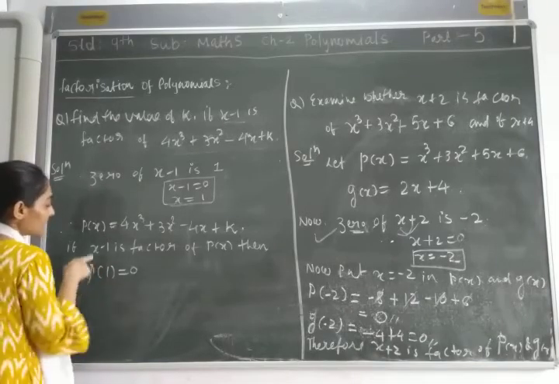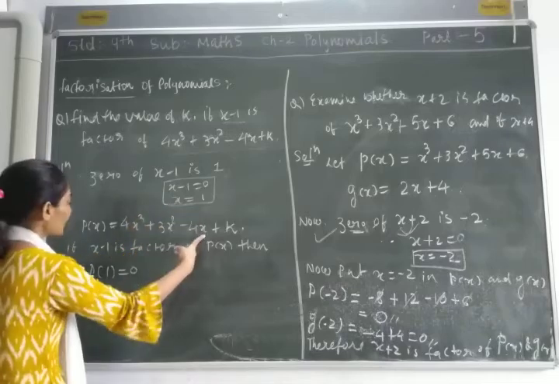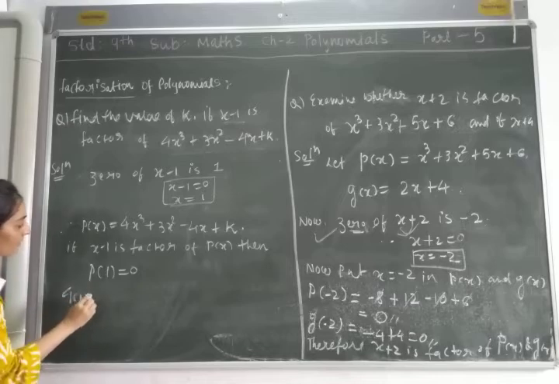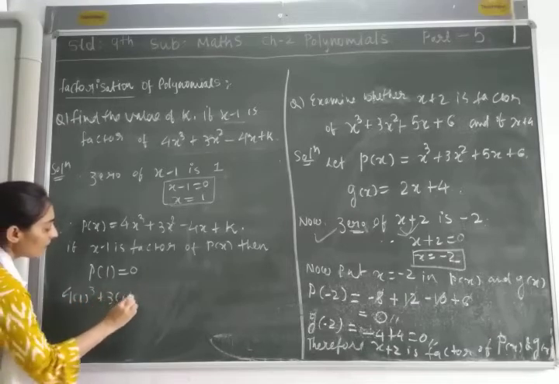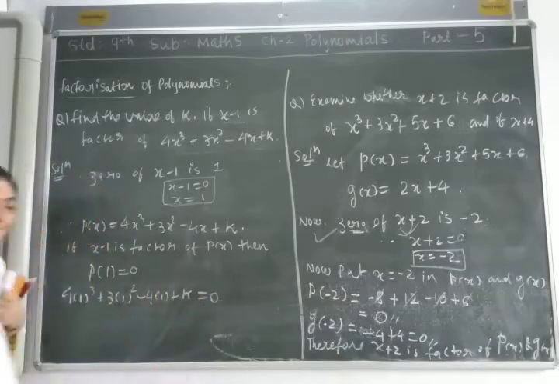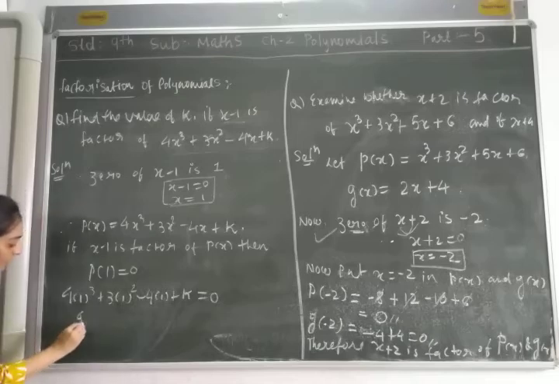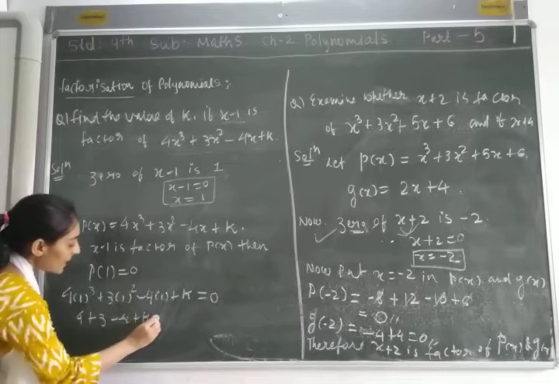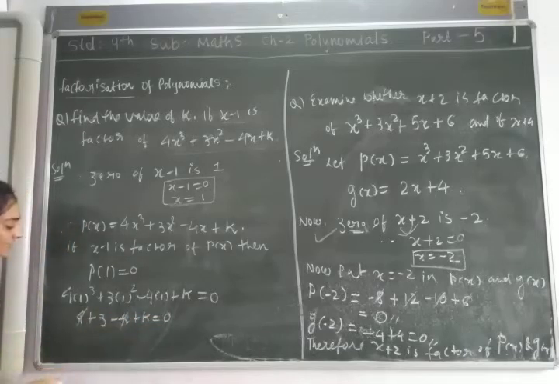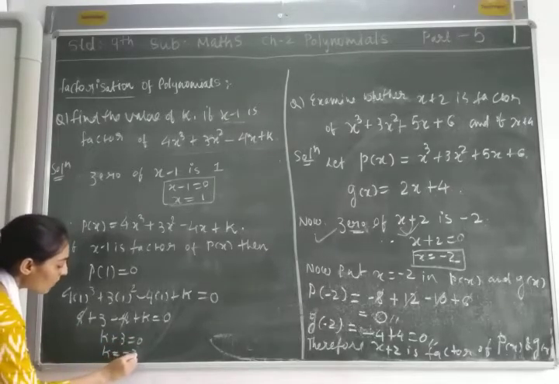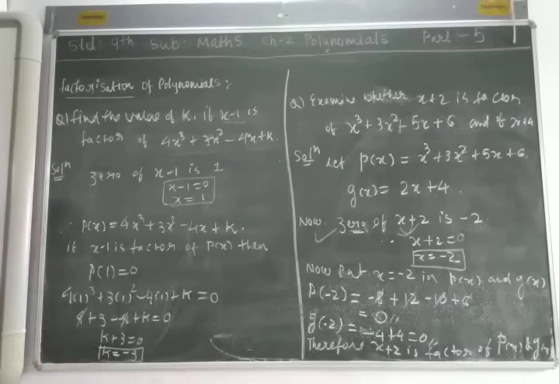So now replace x equals 1 in this equation: 4 times 1 cubed plus 3 times 1 squared minus 4 times 1 plus k equals 0. So I am getting 4 plus 3 minus 4 plus k equals 0. The 4s cancel, so I am getting k plus 3 equals 0. So k equals minus 3. The value of k is minus 3.